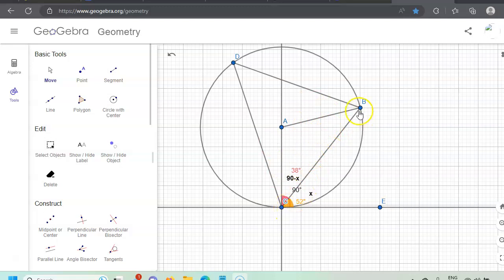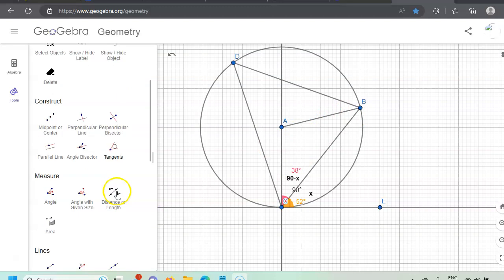With the chord CB, and then these two radii here, we have a triangle. And knowing that AC is a radius and then AB is also a radius, they should be equal and congruent. So let's measure. Radius AC is 4.1 and then radius AB is also 4.1. So the triangle formed between the two radii and the chord CB is an isosceles triangle.